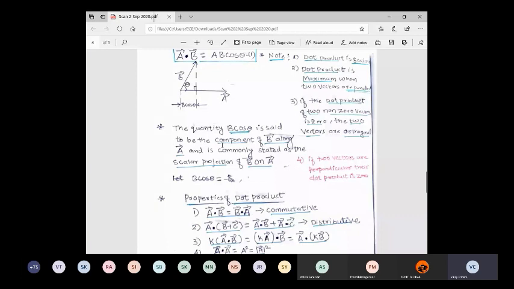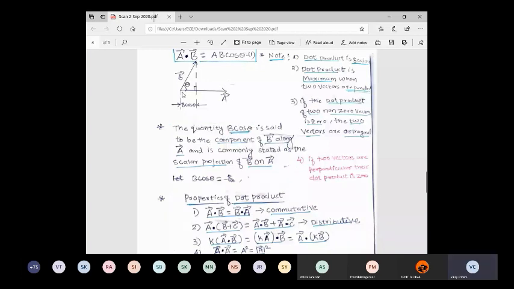We'll often use unit vectors and vector additions, and we may ask a question like, please find the component of P along A or the projection of P along A. So if you have any doubt, please make it clear right now itself. Please remember, the quantity B cos theta is the component of B along A, and it is quite simple. You could see it's a projection of B on A, and more appropriately we say it is the scalar projection of B on A.